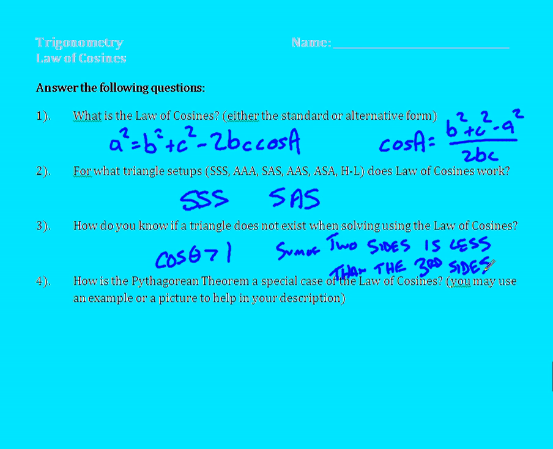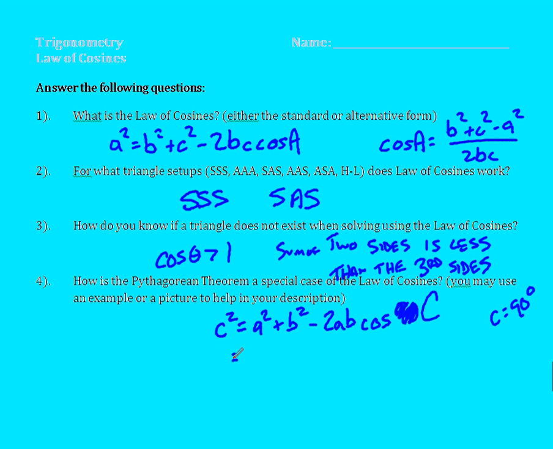How's the Pythagorean theorem a special case? Well, I'm just going to set it up like this because this is the way we mostly see it: a squared plus b squared equals c squared. We want to start with the law of cosines. In the Pythagorean theorem, we need to have C as a 90-degree angle.